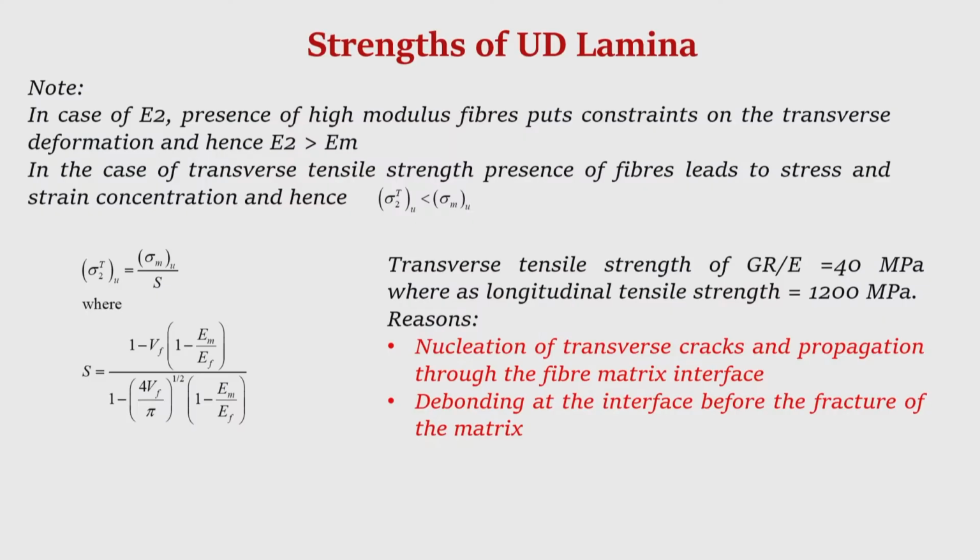Now, this is a simple model where we have assumed that the transverse tensile failure of the lamina is because of the strain in the matrix reaching the ultimate strain of the matrix. Now, as we have discussed earlier, in the case of E 1 or in the case of sigma 1 T u, the presence of fibers led to the improvement in the longitudinal modulus as well as longitudinal tensile strength.